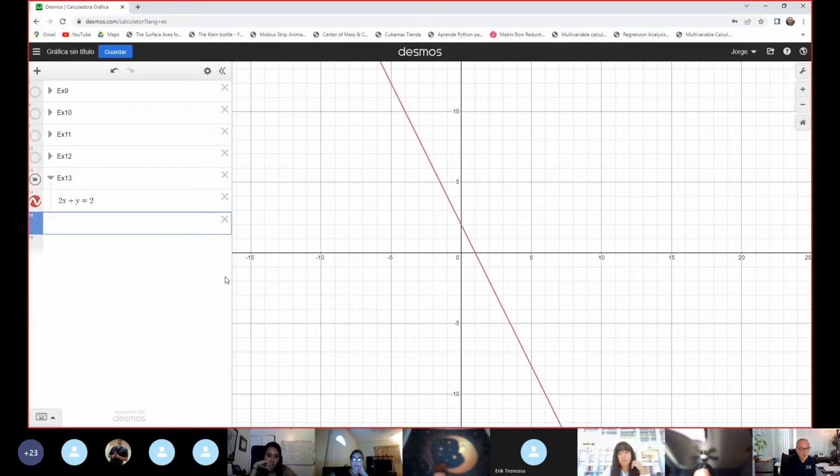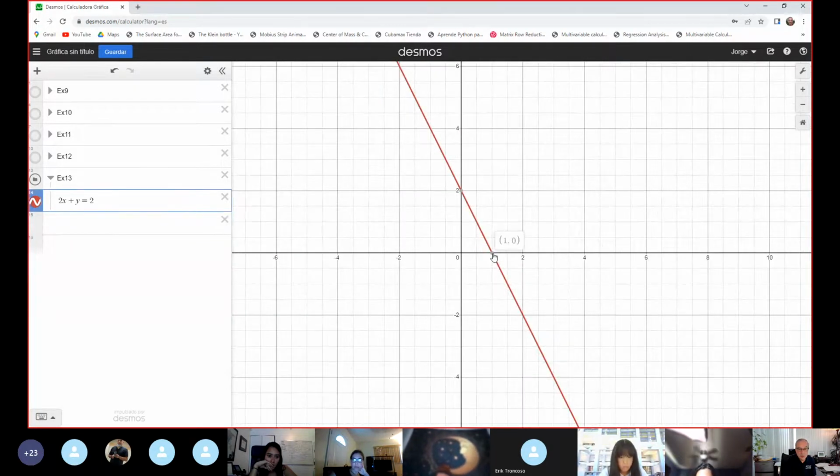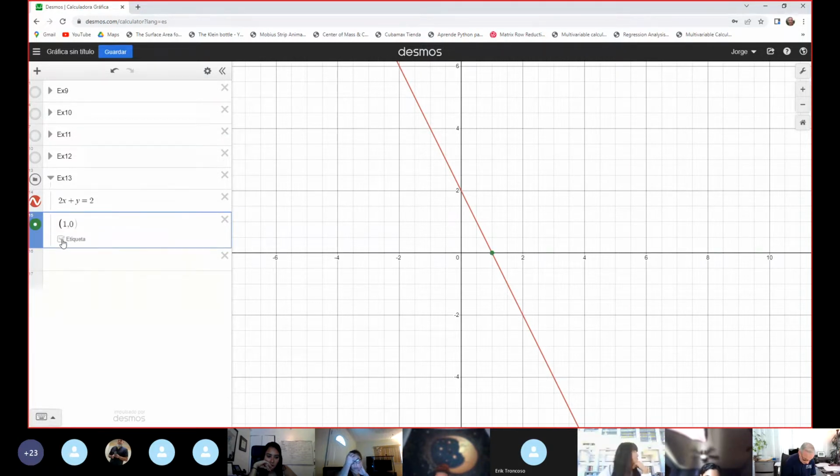There you go. The intercepts, let me zoom, are 1,0 and 0,2. Let me try: parenthesis, 1,0.